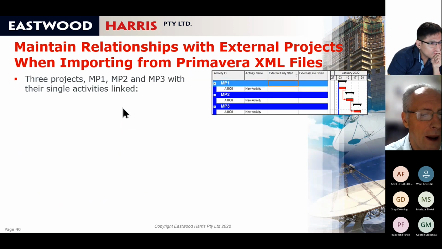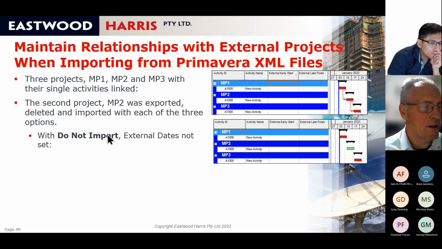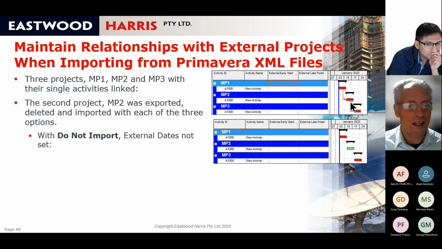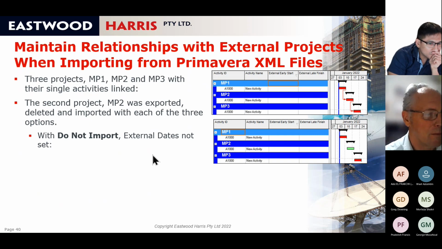And basically, if you have 3 projects here, okay, and they were linked, and then what happens is if the second project was exported, so you exported that project, all right, and then I deleted the project and therefore import it as if I was importing it into a different database.